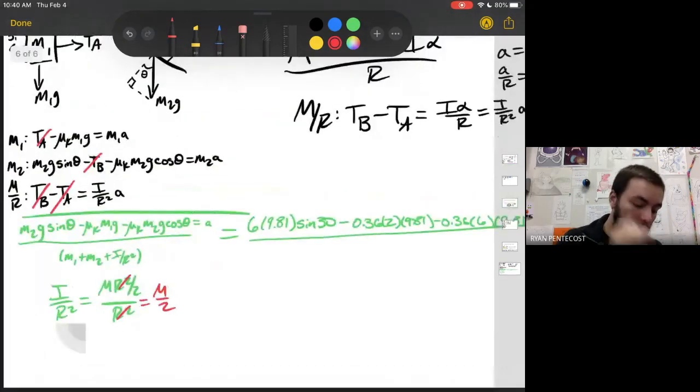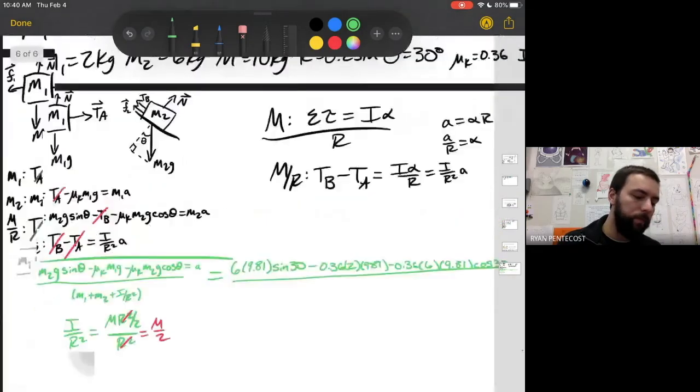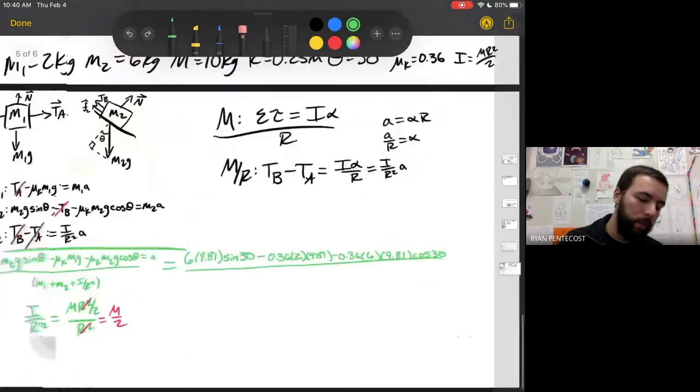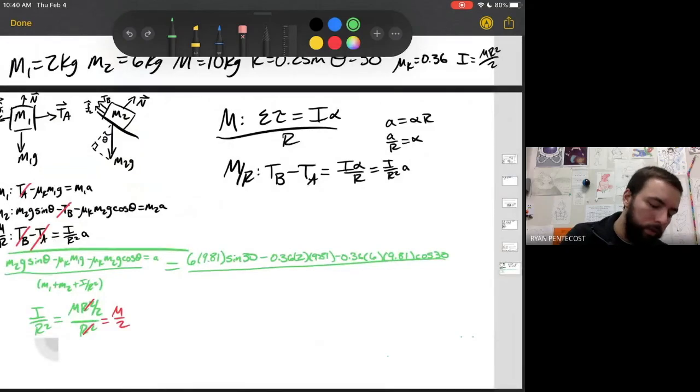So when I get to I over R squared, I'm going to put in 5. So M1 is 2, M2 is 6, then M over 2, 10 divided by 2 is 5.